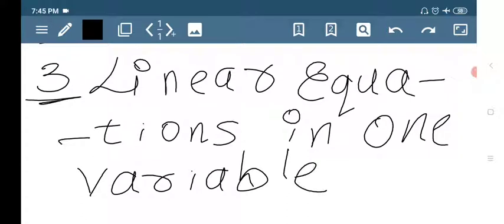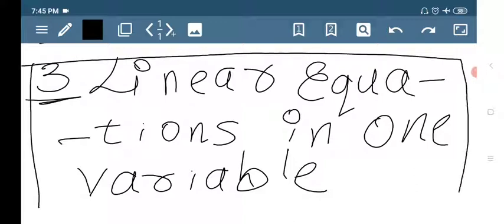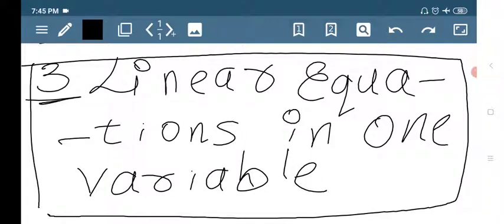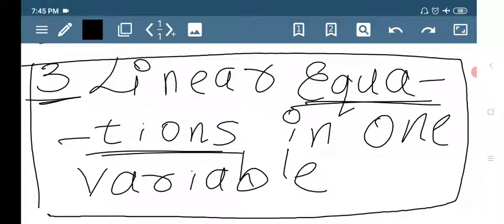Linear equation in one variable. So in this heading, first, you understood just now what an equation is, right? Anything equals to something is called an algebraic equation.